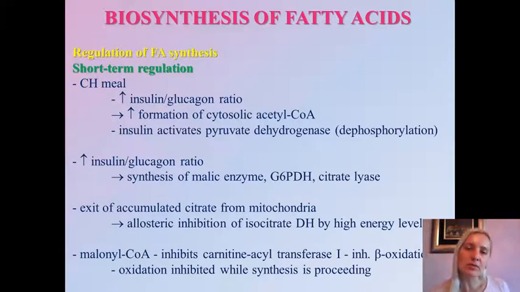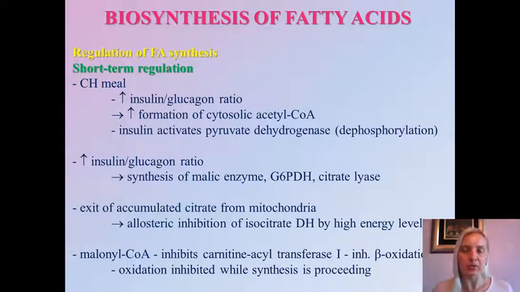In the previous chapter, when we discussed the beta oxidation of fatty acids and its regulation, I mentioned that malonyl coenzyme A, as one of the intermediates of fatty acid synthesis, is an inhibitor of carnitine acyltransferase 1, which means that the transfer of activated fatty acids from cytosol to mitochondria is disabled by malonyl coenzyme A, which means that in the end beta oxidation of fatty acids is going to be inhibited.